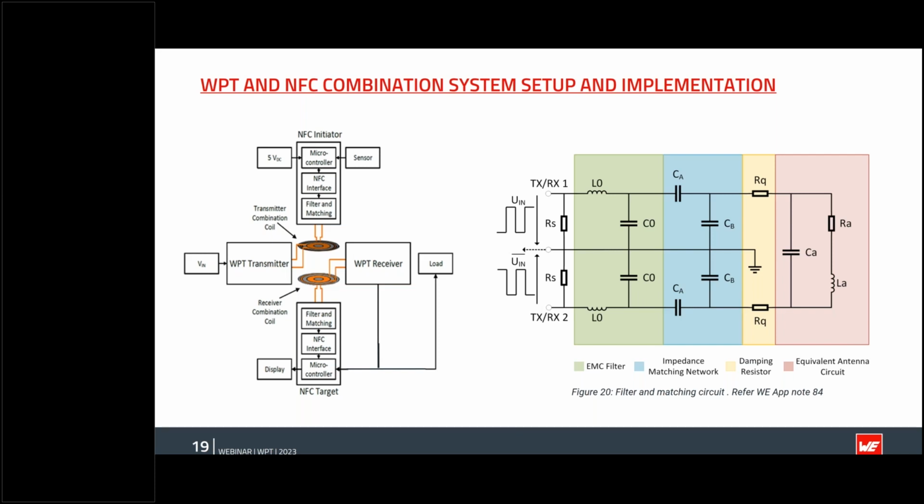The complete description of how we can choose the values for the capacitors and the inductors and how we can build up the circuit can be read on our app note 84 on our website. And the impedance matching is very important, otherwise we cannot transmit the energy at this distance that we are trying to achieve here, and we would also have a lot of power loss.